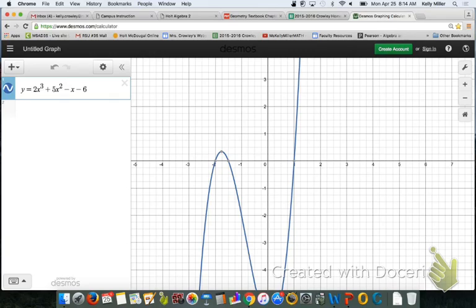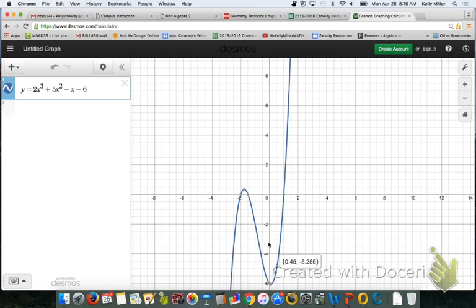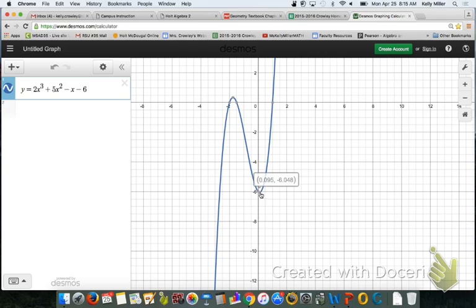All right, let's see how well we did. Not too shabby. Was that turning point at negative 6? Yeah, it was. Were we sure about that? Well, it's not quite 0.6. It's more at 0.095, negative 6. Okay, close enough. So there would be a good sketch of our graph.